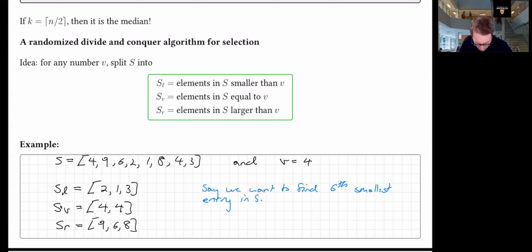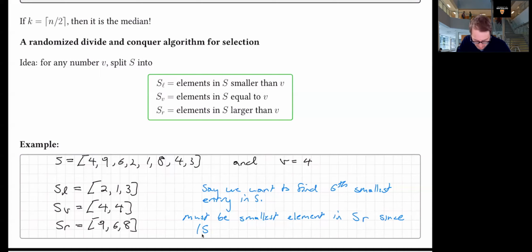So it must be the smallest element in S right, since I'm writing this cardinality to denote just the number of elements.